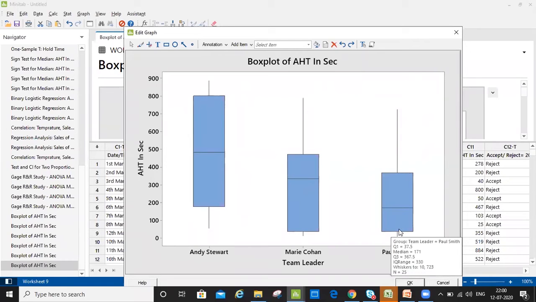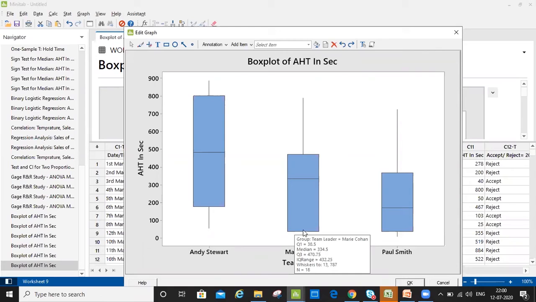For Paul Smith, Q1 is 37.5, the median is 171, and my highest point is 723.